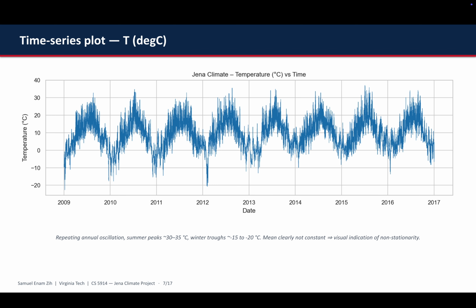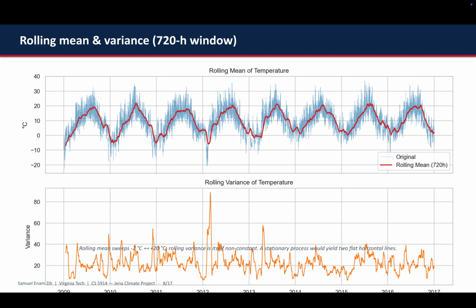Rolling mean and variance. To make the non-stationarity rigorous, here are the rolling mean and rolling variance computed over 720 hours, that's roughly a 30 day window. The rolling mean on the top panel sweeps sinusoidally between minus 20 degrees in winter and plus 20 in summer.